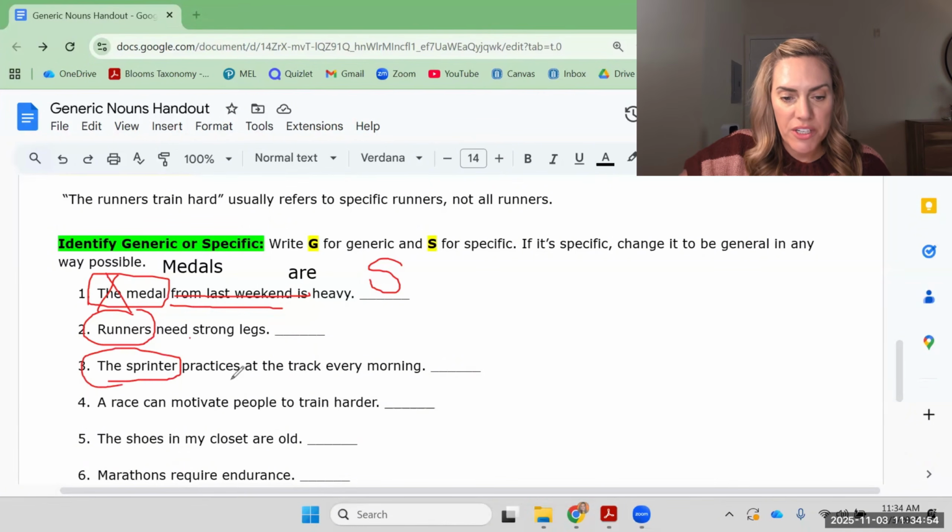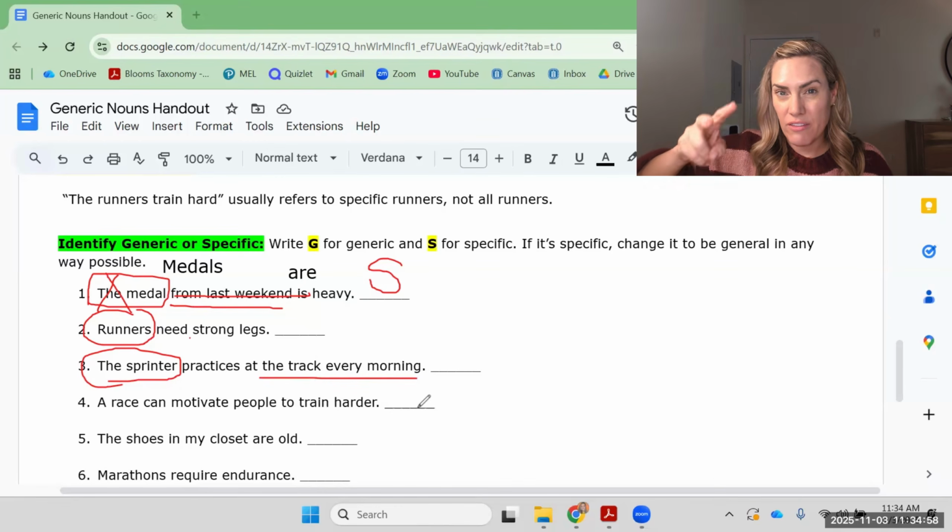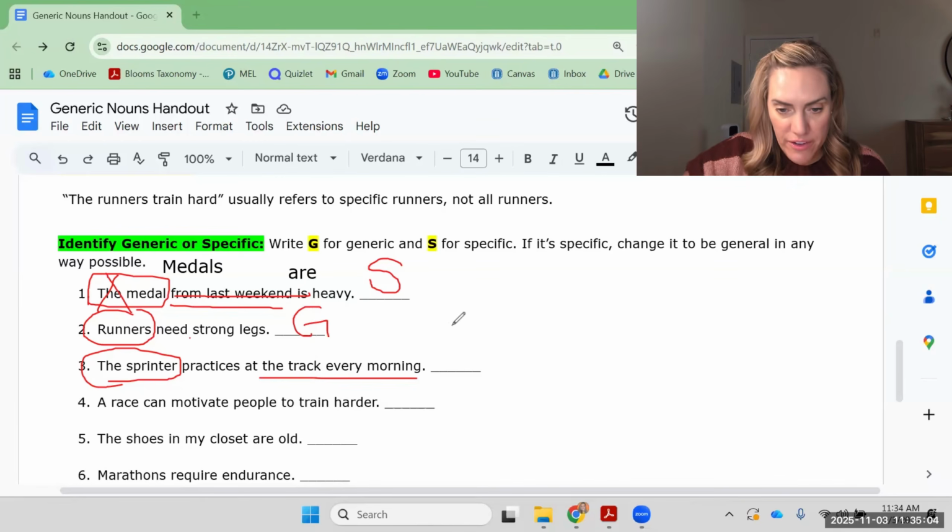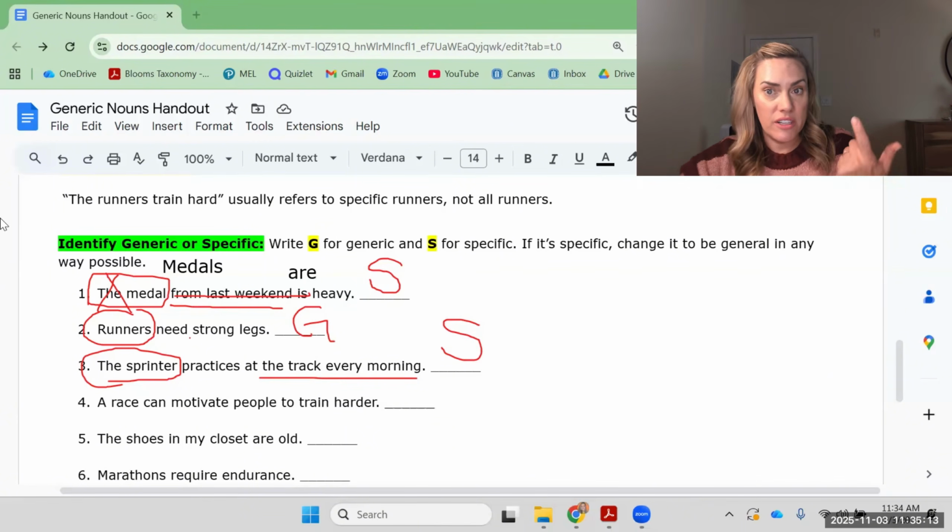Number three, the sprinter practices at the track every morning. This is too specific. This is not general enough. Sorry, I forgot to put general and then specific. This is specific. If we want to make it generic, we could say the sprinter, because it's still singular.